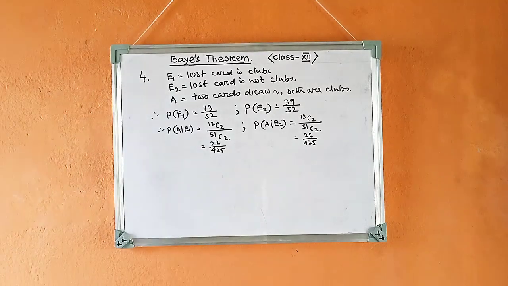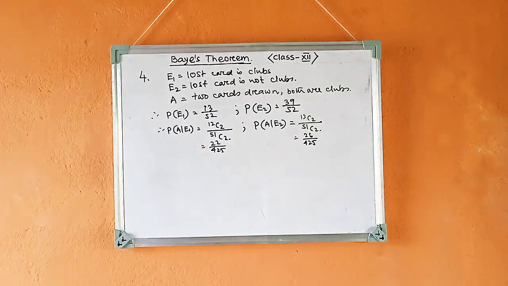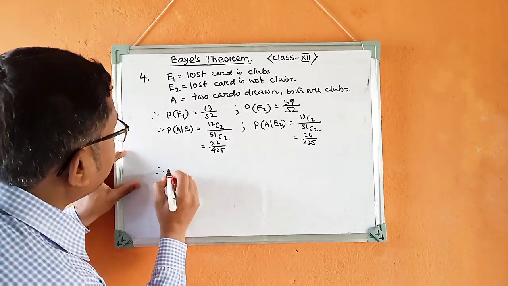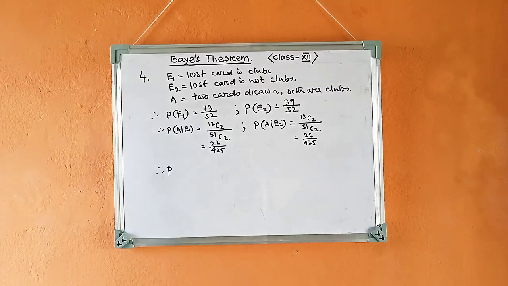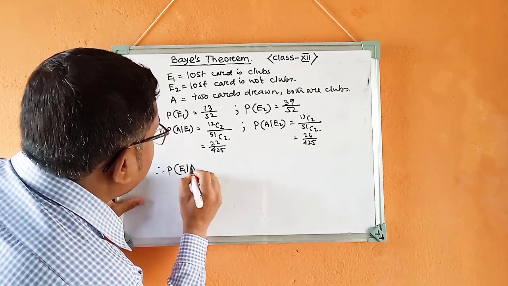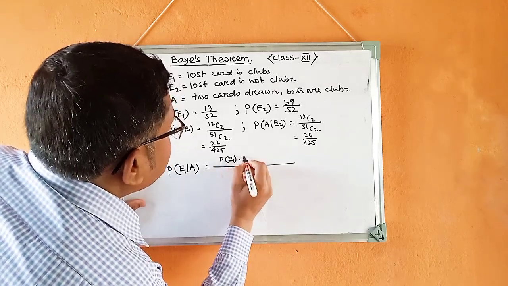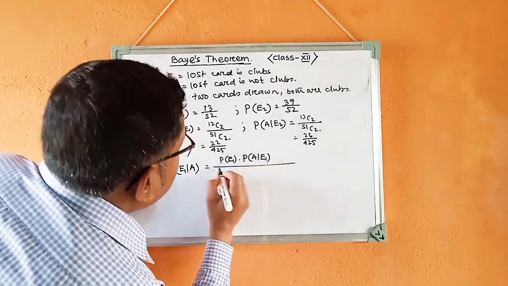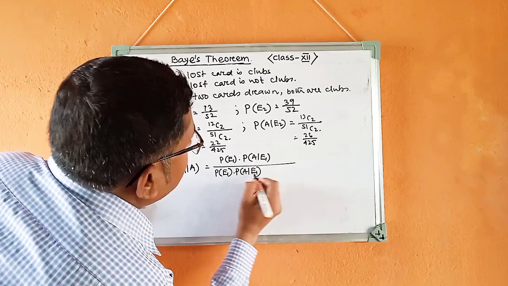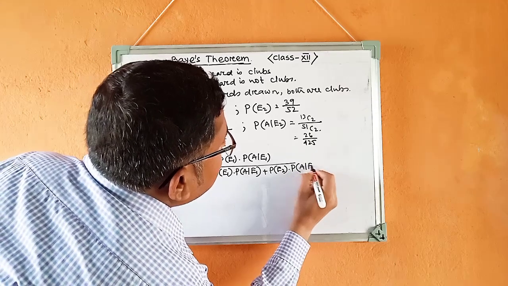Now using Bayes' theorem, we are required to find the probability that the lost card is a club when the two cards picked are clubs. The required probability is P(E1|A) = P(E1) times P(A|E1) divided by P(E1) times P(A|E1) plus P(E2) times P(A|E2).